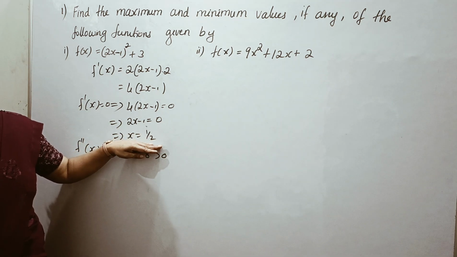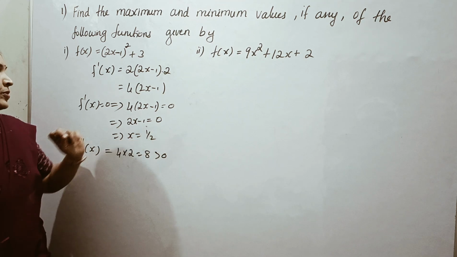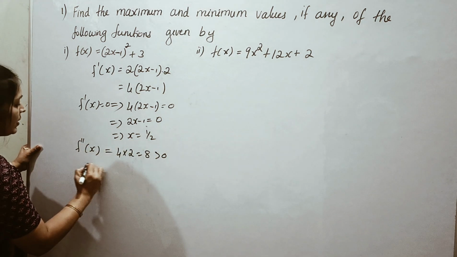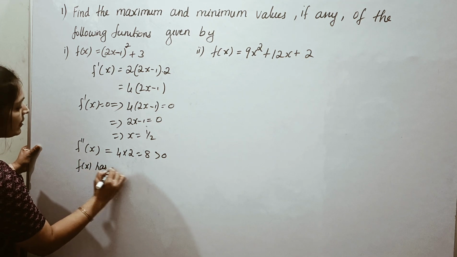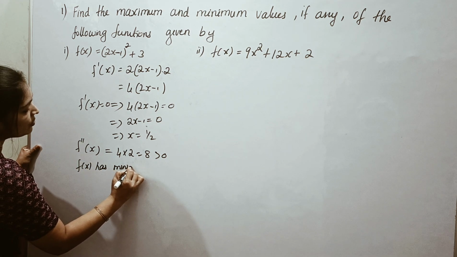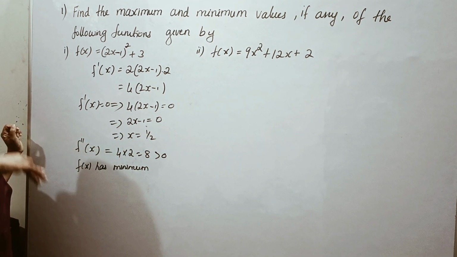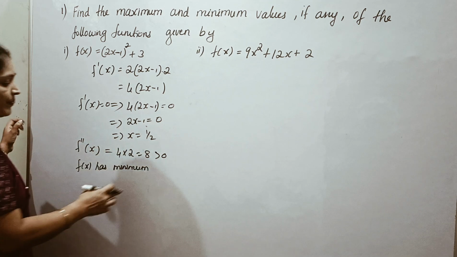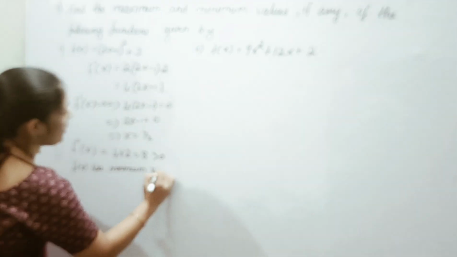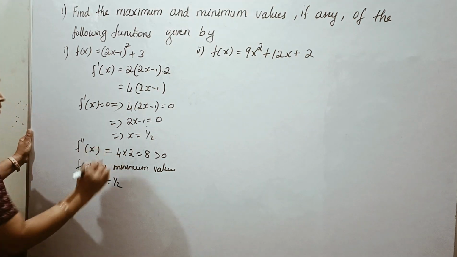Or we can say 1 by 2 is a point of minimum value of the function. So we can say f of x has minimum value if f double dash of c is greater than 0, then the given critical point is a point of minimum. It has minimum value at x is equal to 1 by 2.